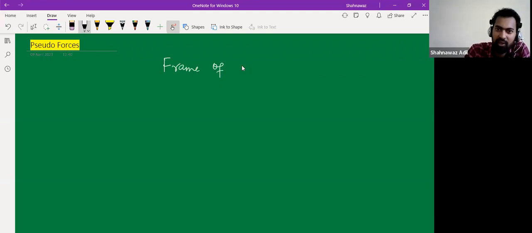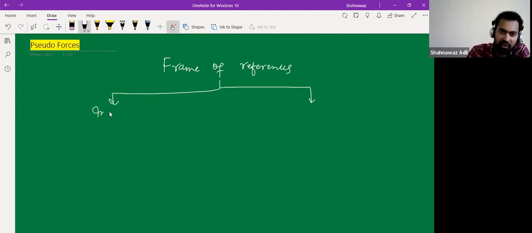So on the basis of the motion of the frames, there are two kinds of frame of references. One is the inertial frame, and the other one is the non-inertial frame.